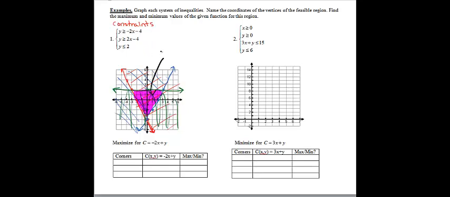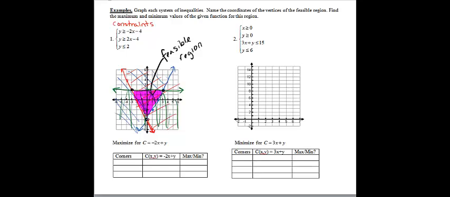That region in there represents, back to our vocabulary, the feasible region. It's all of our possible solutions. That feasible region is bound by some vertices. I have 3 corners.